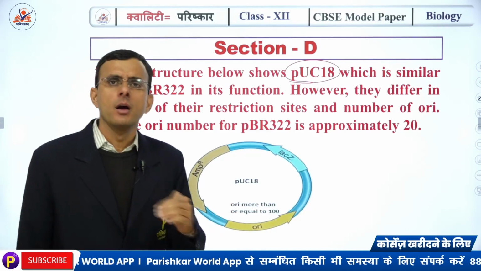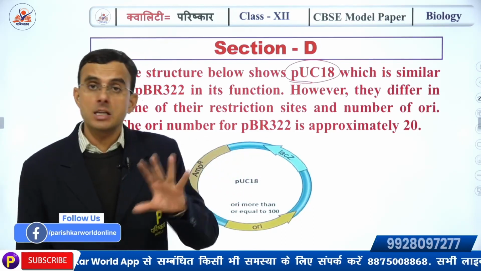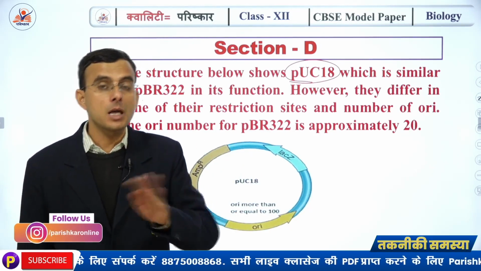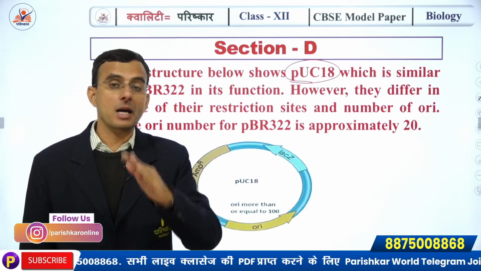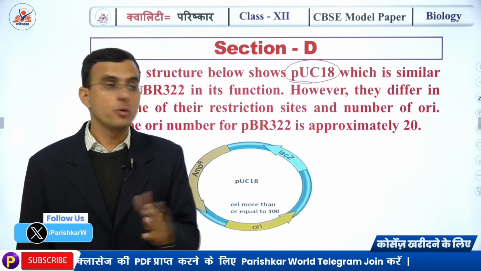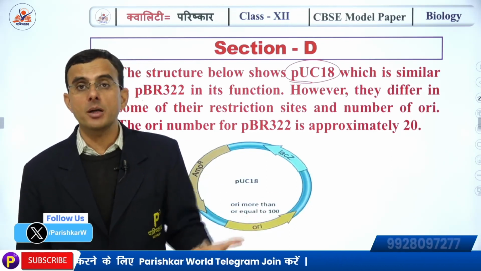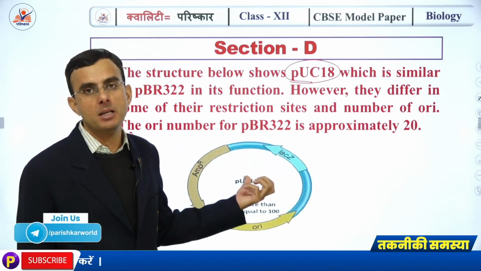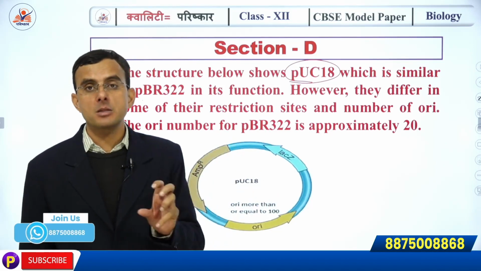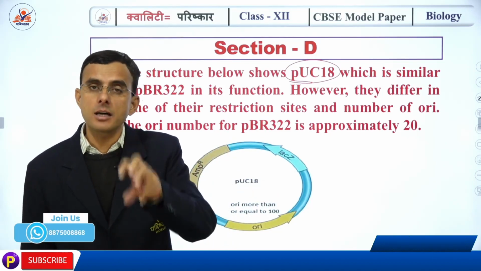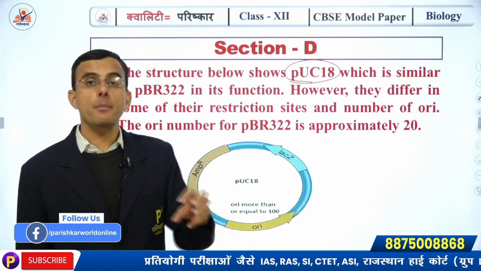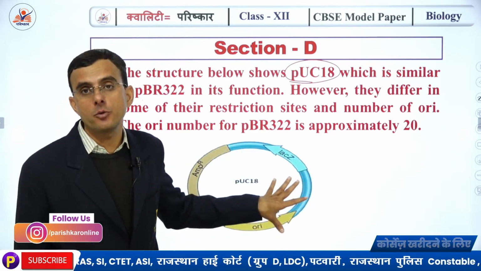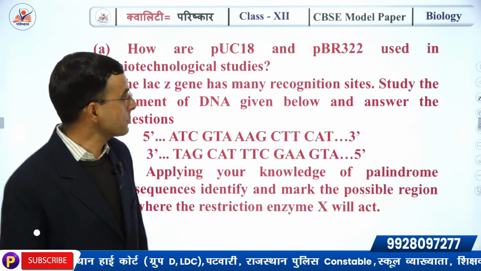If a plasmid is working, it is able to replicate, it is able to incorporate a gene, and it can be identified by humans to check whether the gene is incorporated or not. So we are inserting all these features into a plasmid, and incorporating genes which are useful for us in biotechnological experiments.